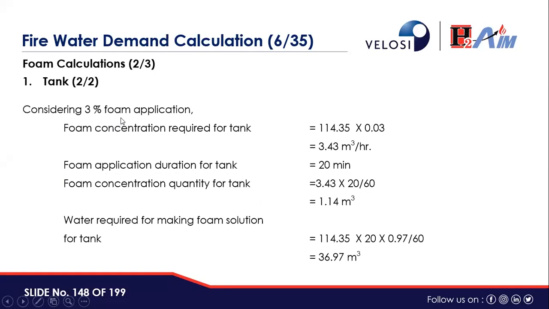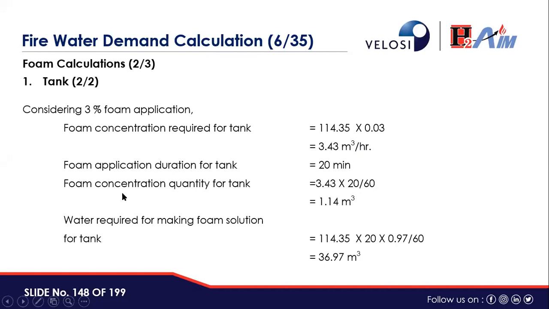So considering 3% foam application, the foam concentration required for the tank is 3%. 3% means 0.03. We can multiply this value with the 3% and get the answer, the foam concentration required for the tank. Now the foam application duration for the tank is 20 minutes.